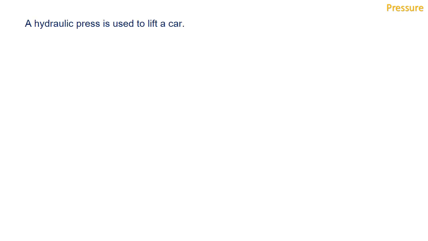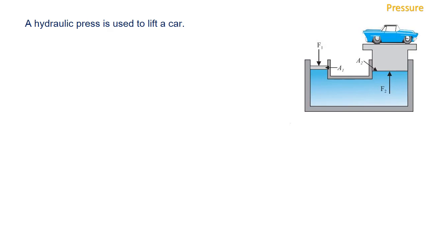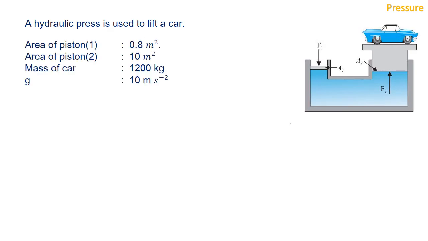A hydraulic press is used to lift a car. Noted that... What is the distance moved by piston 1 if the car is lifted by 0.4 meter?